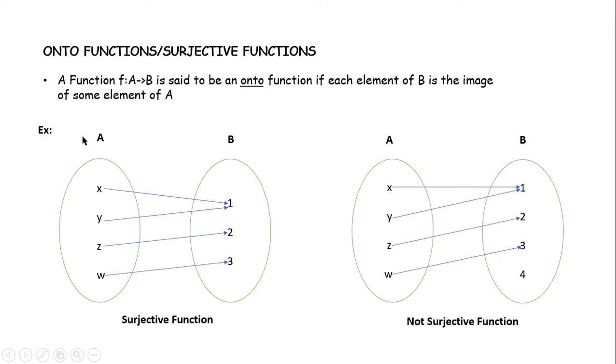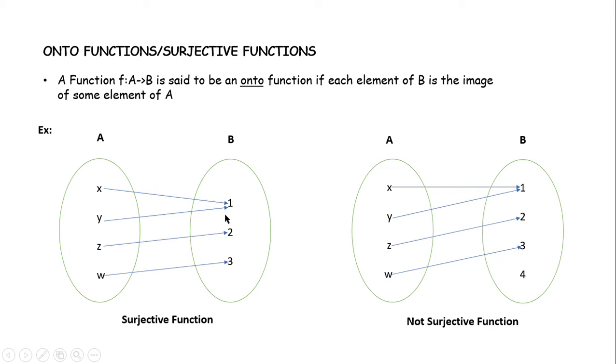Or in simple language, the elements of set A here will be assigned some values from the elements of set B. But as I told you in my previous video when we were discussing functions, it is necessary that each and every element of set A will be assigned some value from set B.